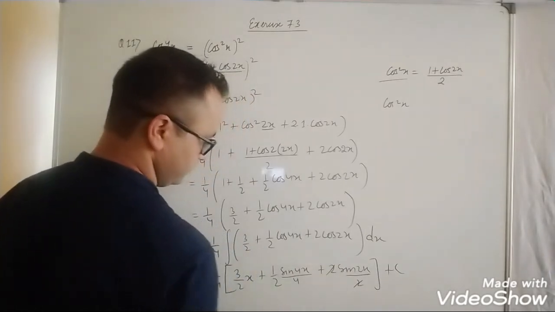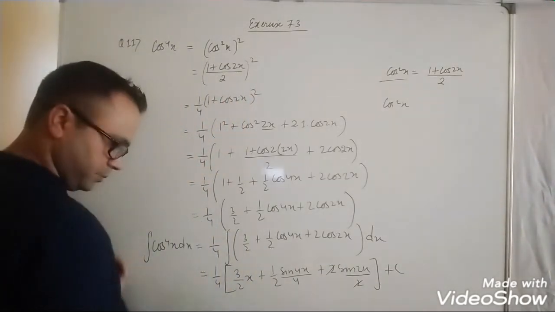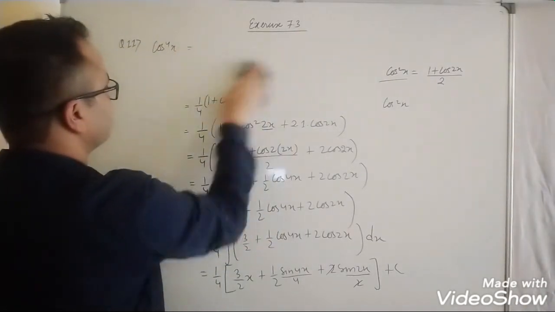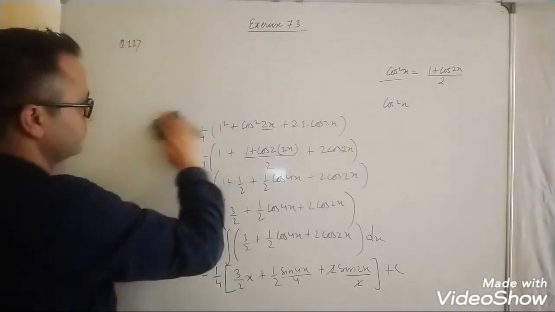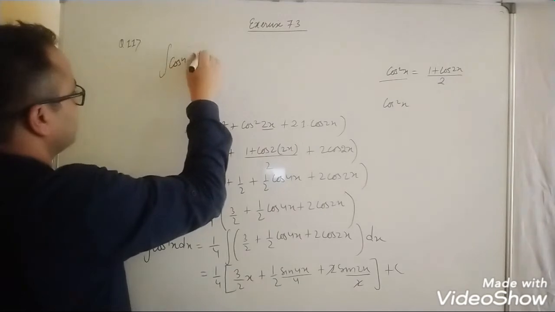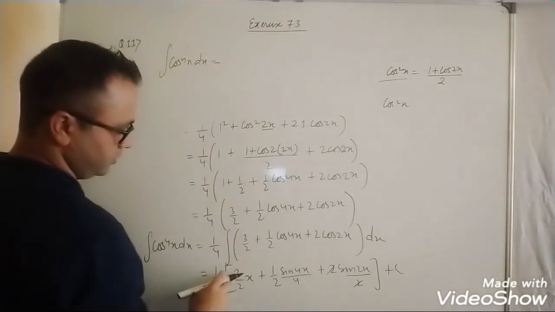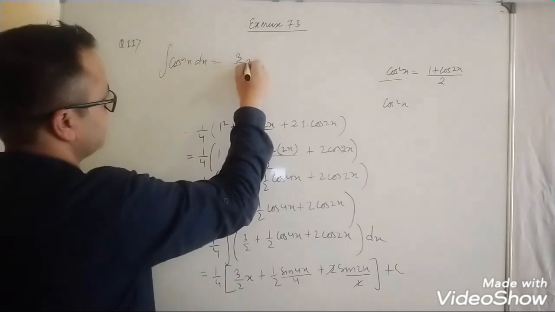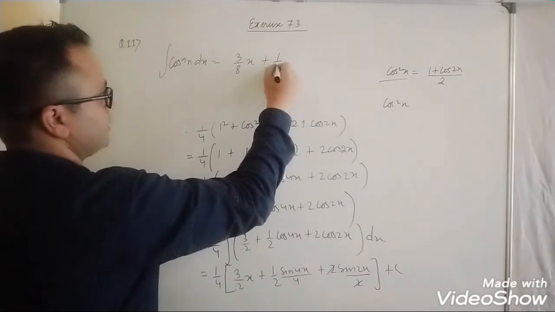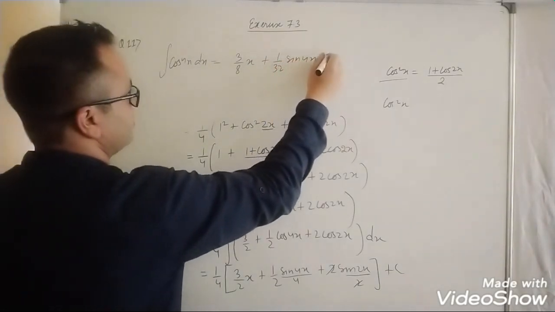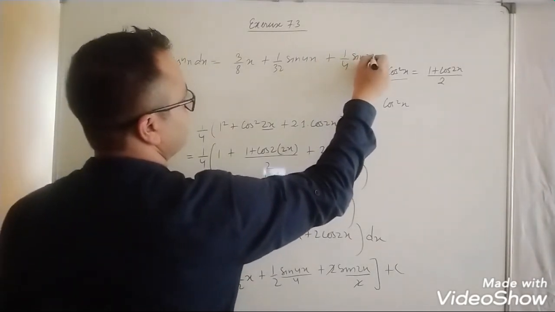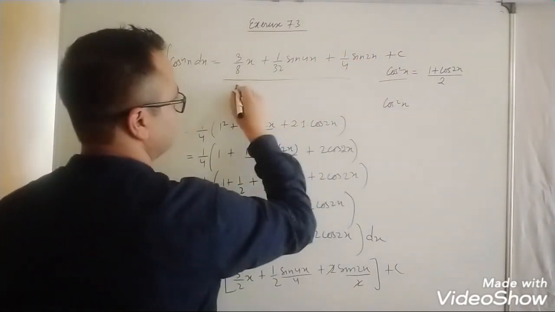We can cut these two. Now multiply. If you multiply 1 by 4 into 3 by 2 it is 3 by 8 x, plus 4 into 4 is 16, 16 2s are 32, 1 by 32 sin 4x plus 1 by 4 sin 2x plus c. Now this is the answer of question number 11.